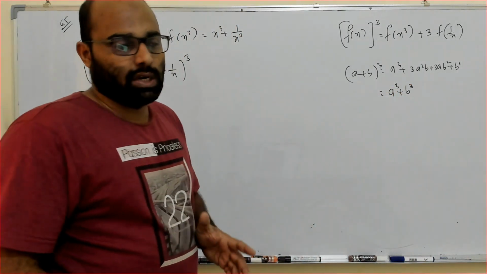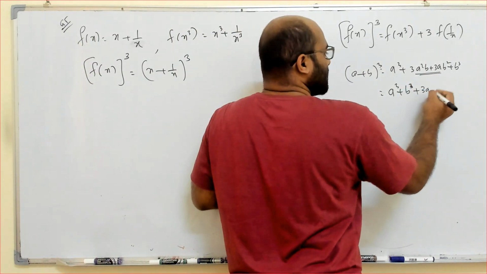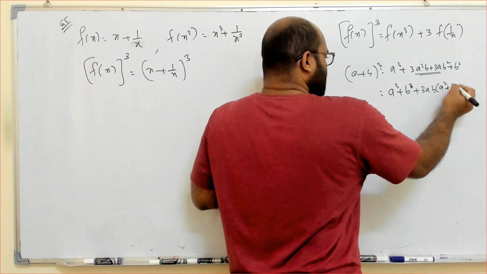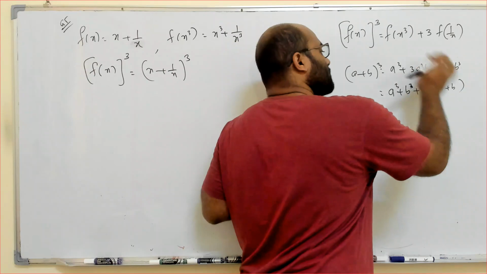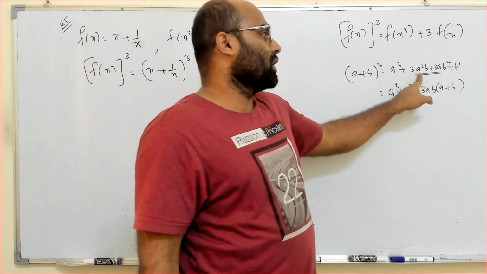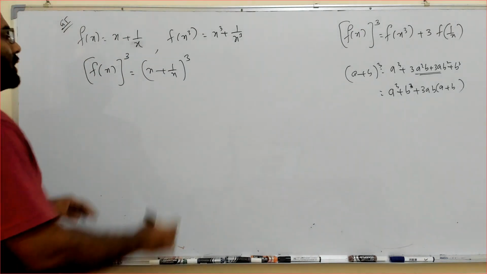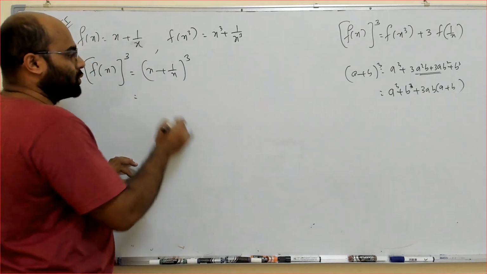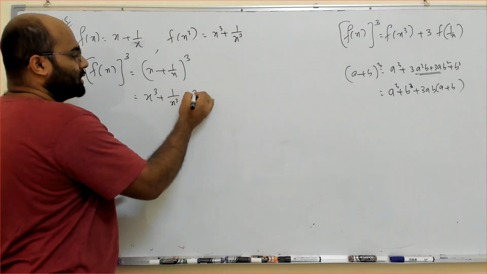Please try to understand. And in these terms, what is common? 3ab is common. I am going to take 3ab out, and a + b will be there. Is it correct? When we take 3ab, here a is x and here b is 1/x, so I am using that. So this can be written, you have to write that in the working column to understand: a^3 + b^3 + 3ab(a + b).